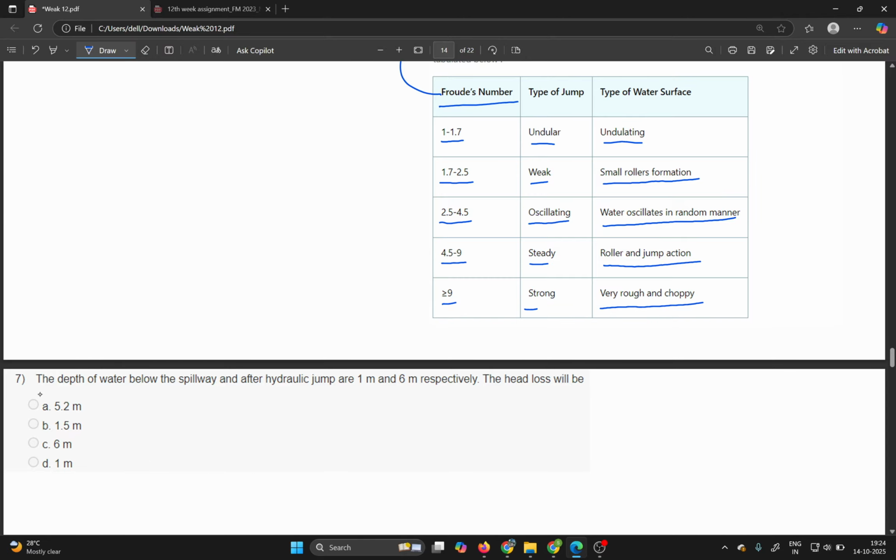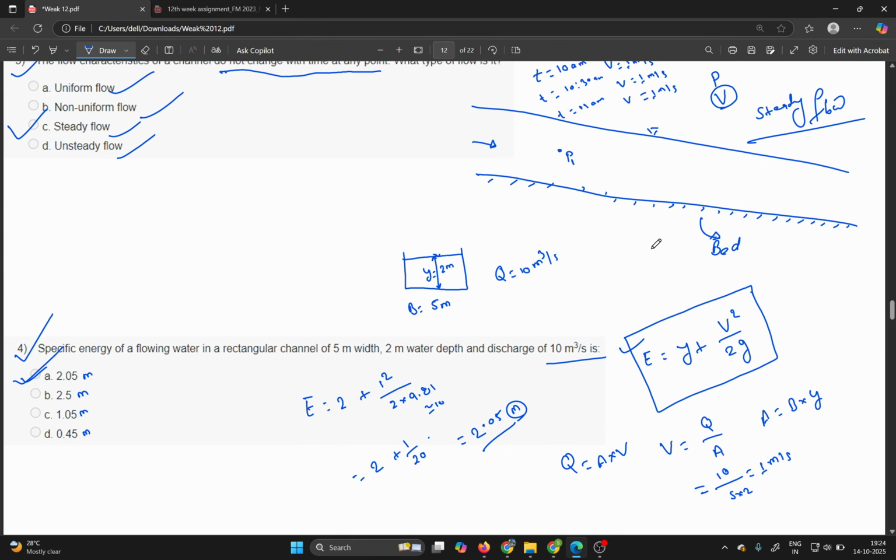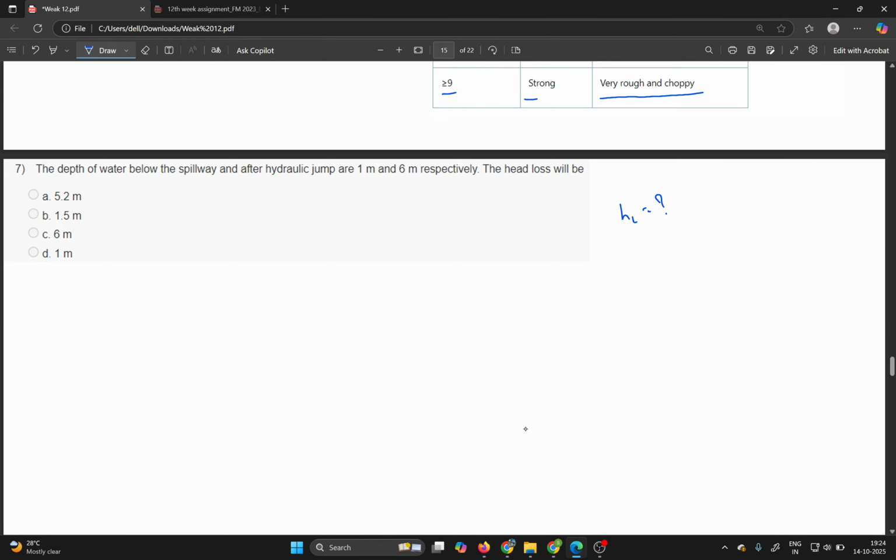Now coming to the question: if the depth of water below the spillway and after the hydraulic jump are 1 meter and 6 meter respectively, you need to calculate the head loss here. So the depth of water below the spillway and after the hydraulic jump means like this. This is your spillway.